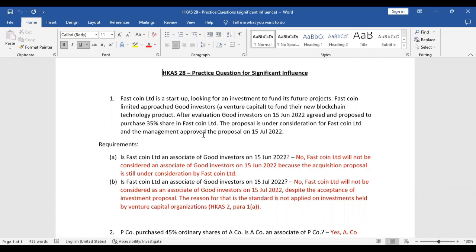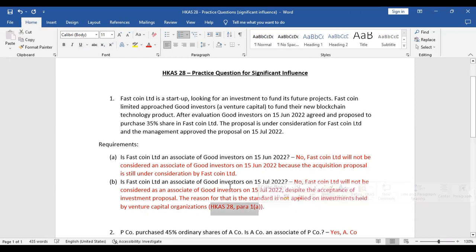But now some of the students might think that it is an associate of Good Investors, but the actual answer is no in this case. It's because Good Investors, as the question stated, is a venture capital. If you look at the definition in HKAS 28, I have mentioned the reference here, HKAS 28 para 1A.